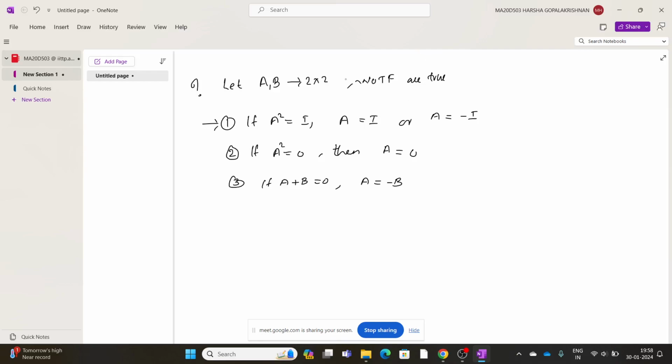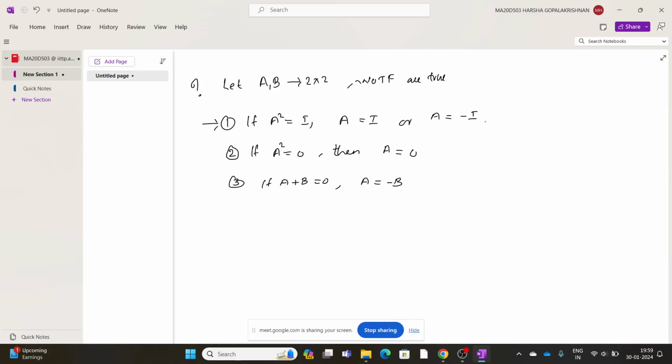We are not giving any condition for A and B, like invertible or anything. It is just some 2 by 2 matrices.